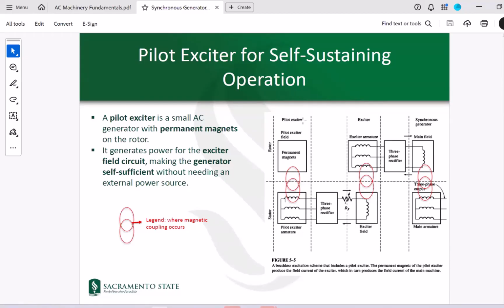So this guy is called a pilot exciter, which is there because it gives you the required source when there is nothing in the system, right? When there's nothing in the system, this pilot exciter would provide the required current for this main exciter, whose current would then be rectified to provide the required field for the main generator.